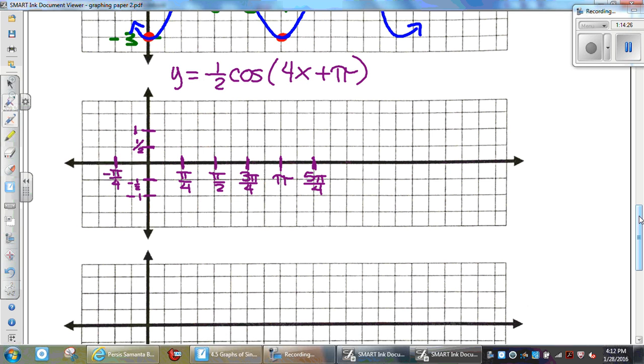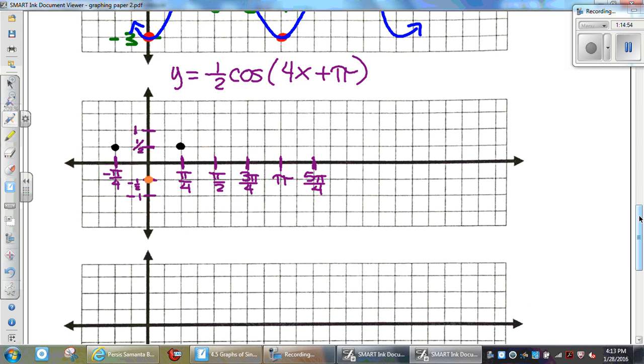Now let's go ahead and graph our maximum values, and so we decided that those were going to happen here and here. I'm sorry, that's wrong because the maximum y value is not 1, it's actually 1/2. So that will be here and here. Now the minimum value is going to be at 0, negative 1/2.